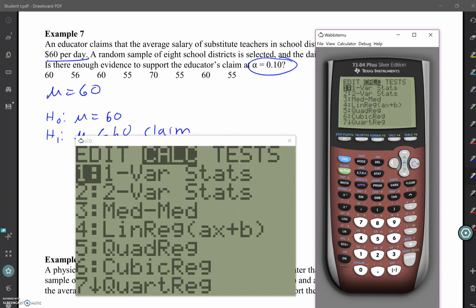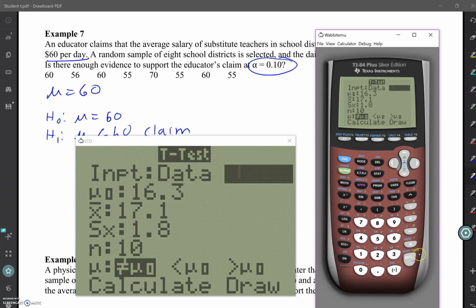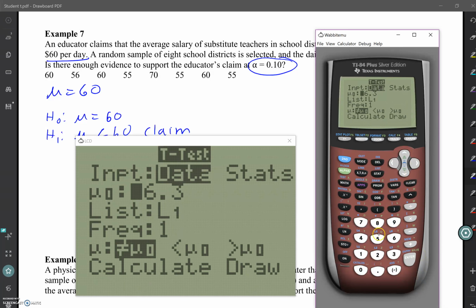So once I have my data in, I'll go back and we're going to run a t-test just for one sample with data. We know our mean is 60, and I put my data in list 1. You want to keep your frequency at 1. We put each number in once, and they don't have more than that as a frequency. Which one of these is my less than test? The middle one.